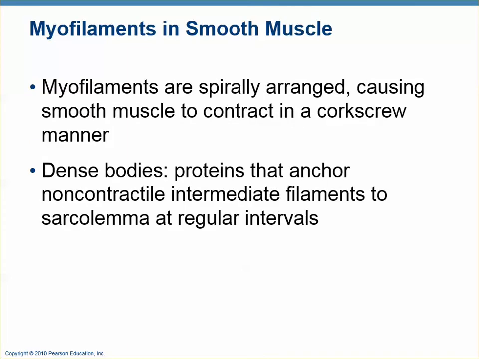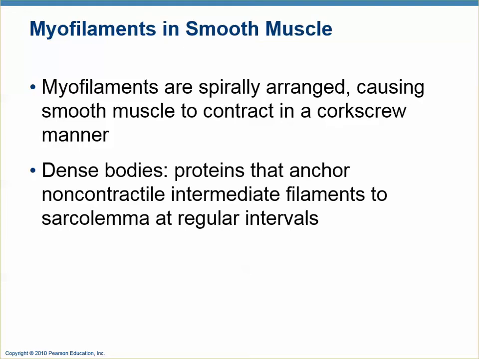Another thing that happens is that the filaments are arranged like a spiral, kind of a corkscrew, and these filaments are anchored right into the sarcolemma, the cell membrane, and so they pull that whole cell membrane in. So there's no Z disc, as it were. Instead, we have these dense bodies that anchor in, and the dense bodies are joined together with some intermediate filaments that don't get involved with contraction, just to make a net-like structure.